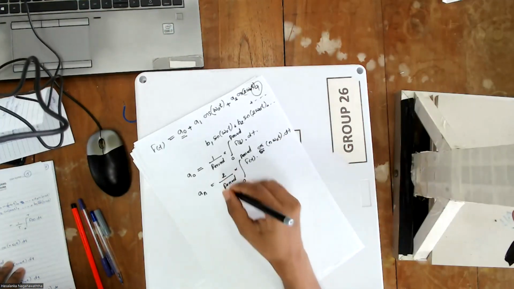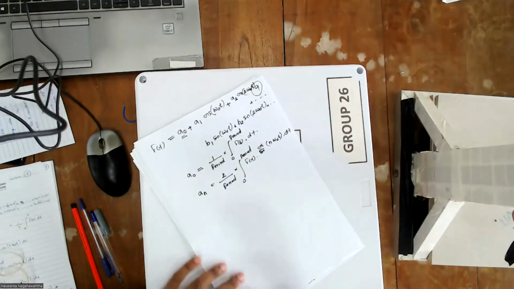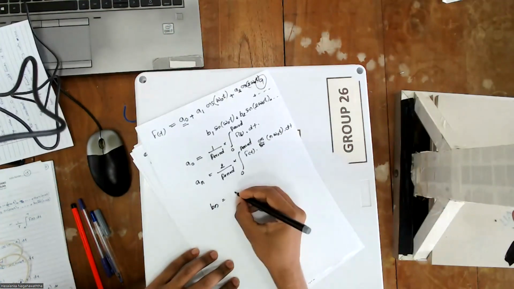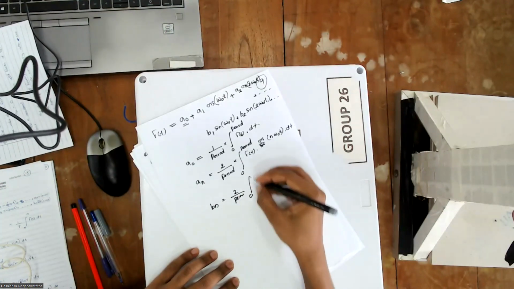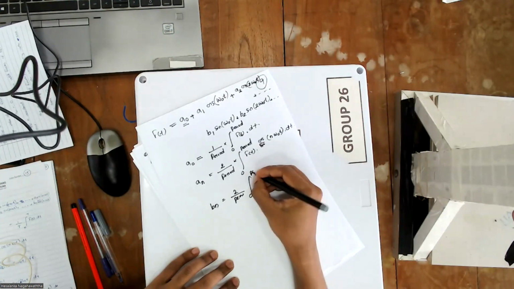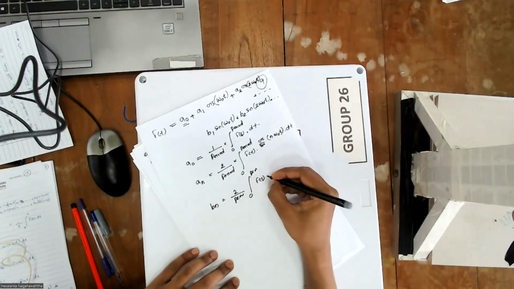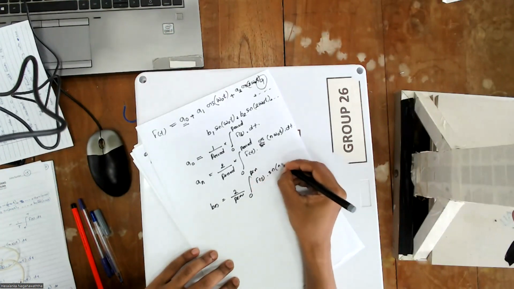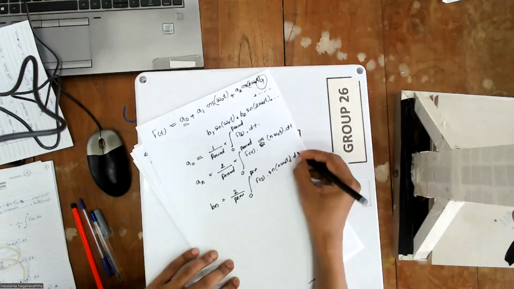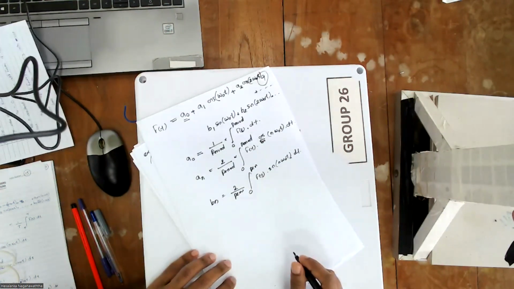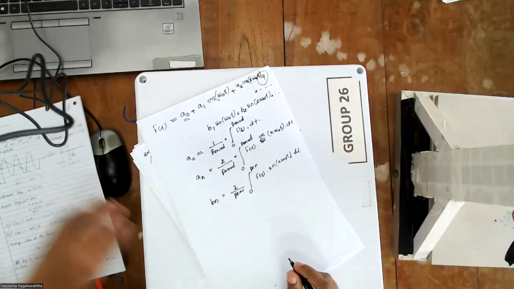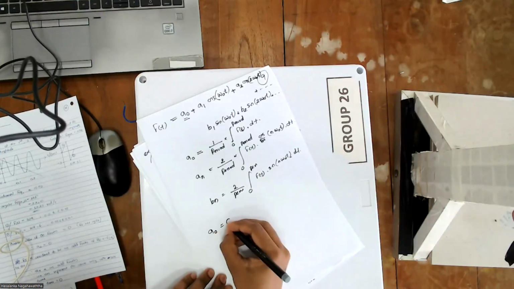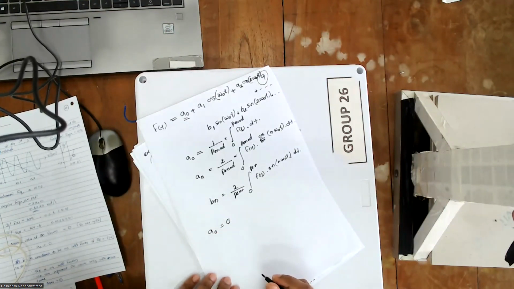Here the period is T. And Bn is 2 over period, integral 0 to period, f(t) sin n omega naught t dt. So we found out A naught is 0 due to the average value of the function being 0.